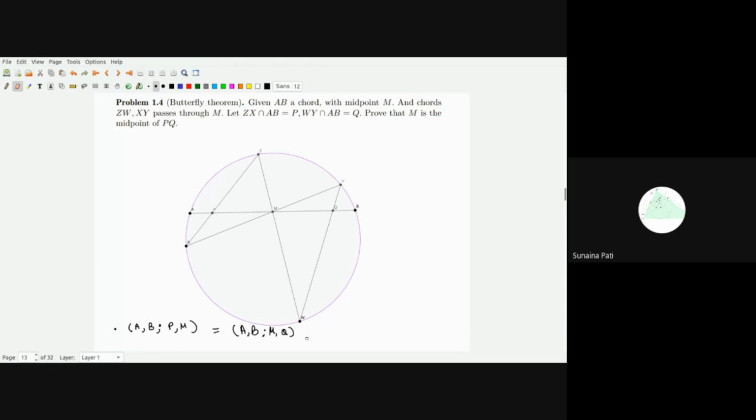Now does anyone have any idea what we get next? It's just the formula of cross ratios. So what do you get from that? You use the formula. Okay, should I write that?